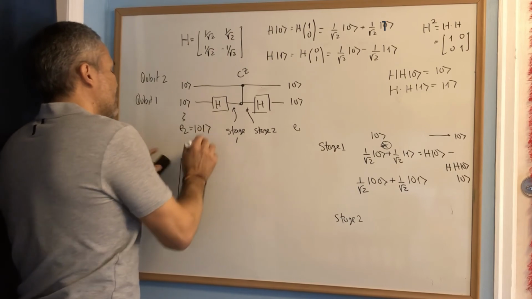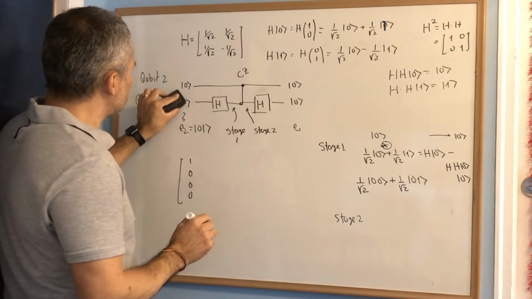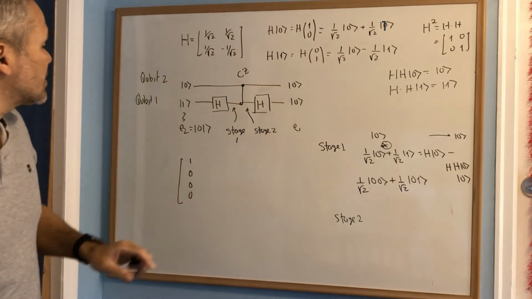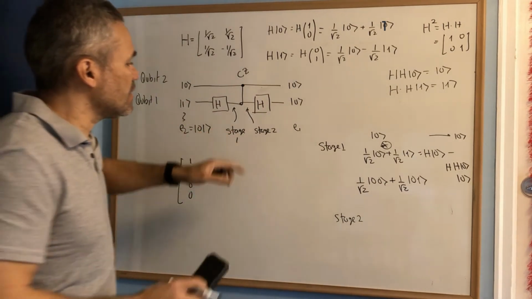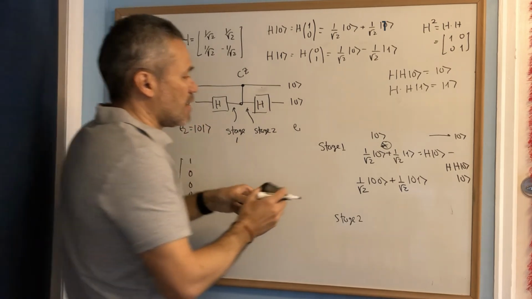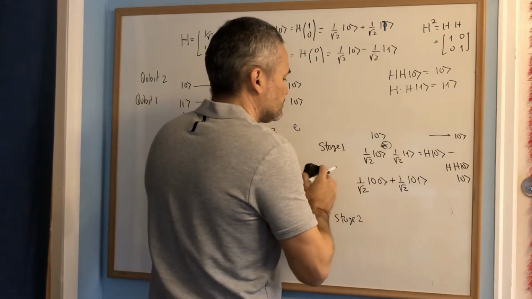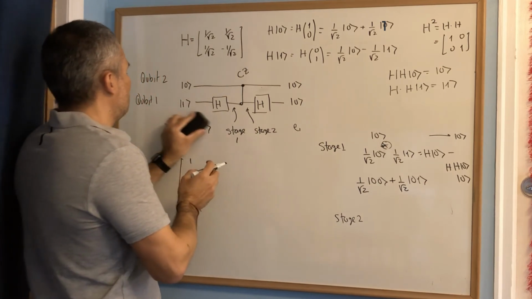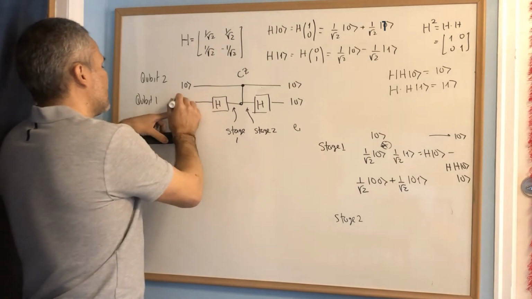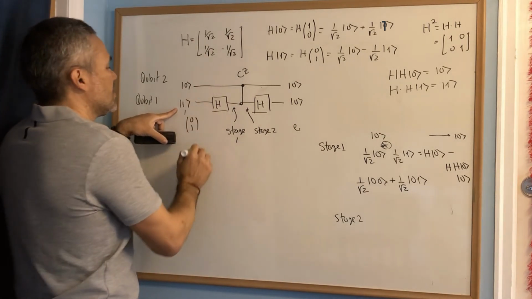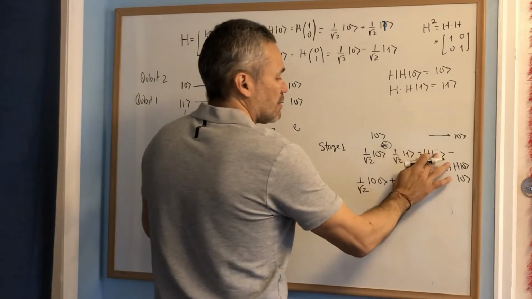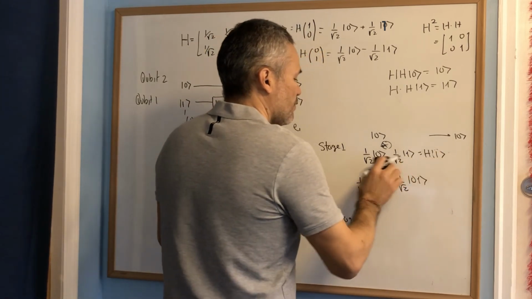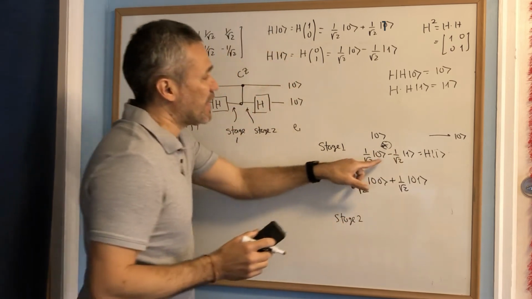E2 is 0, 1. That means that qubit 1 is in a state 1. Same thing here. At stage 1, we are at h of this one, this vector here is just the vector 0, 1, and h of 1 is this qubit with a minus.